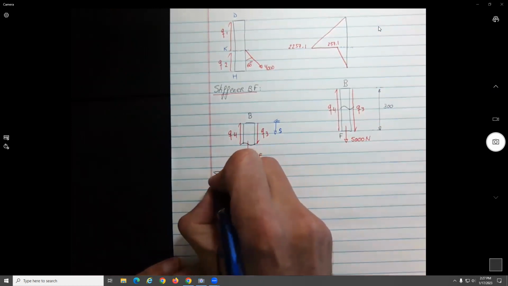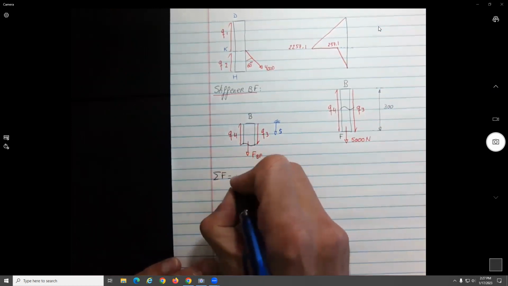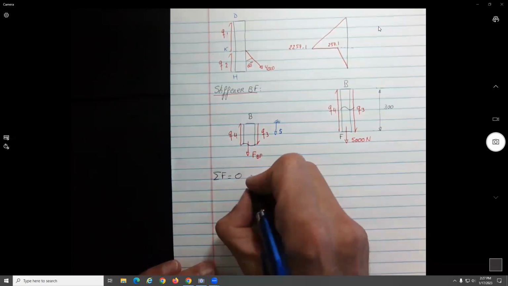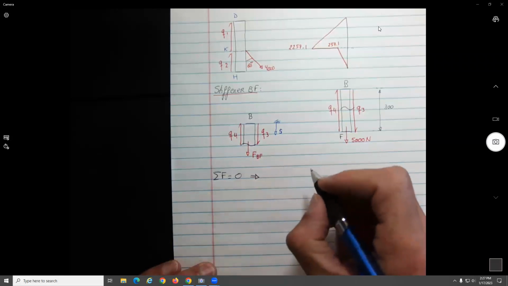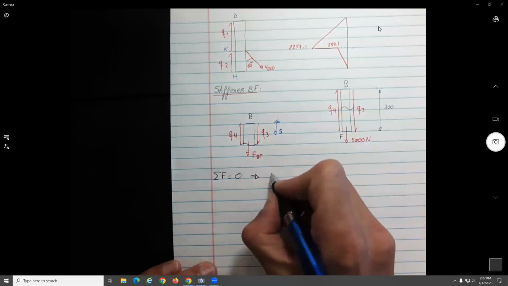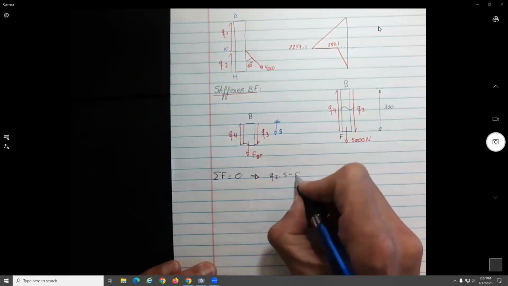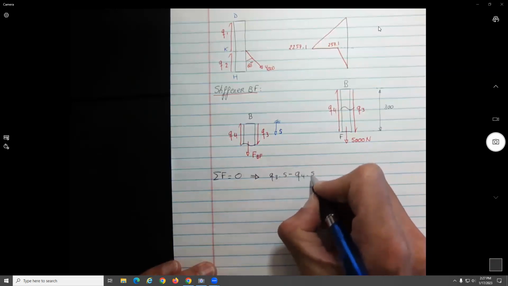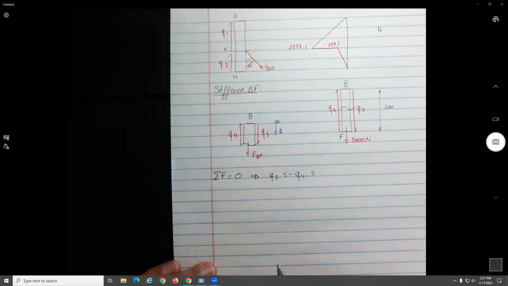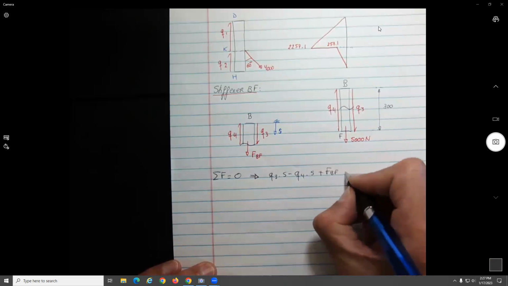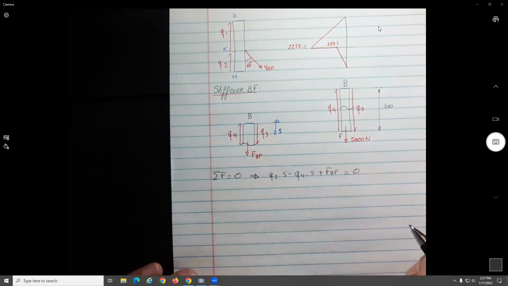Once again, we do summation of forces equal to 0, which will give what? Q3 times S minus Q4 times S plus FBF equal to 0. So from before, let's see what we had.